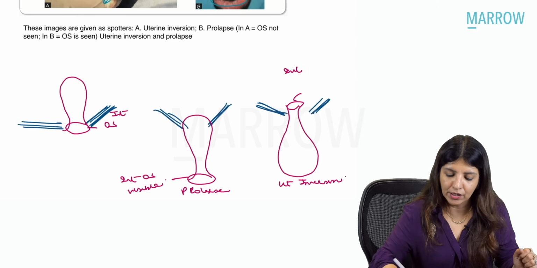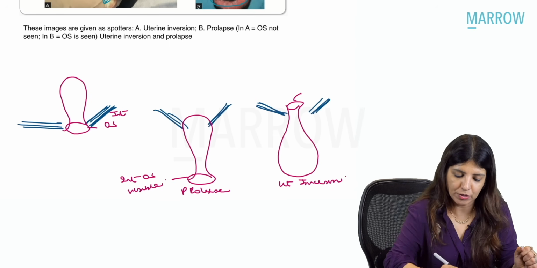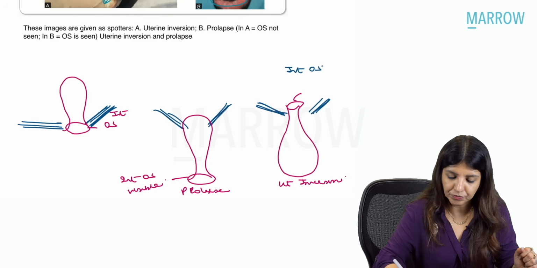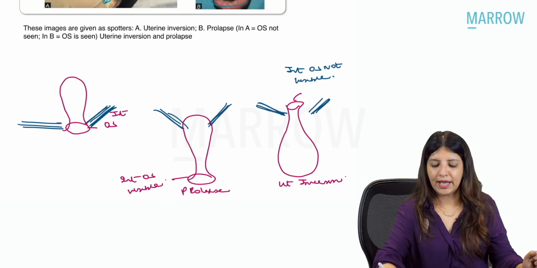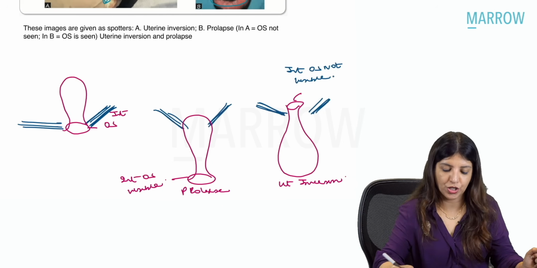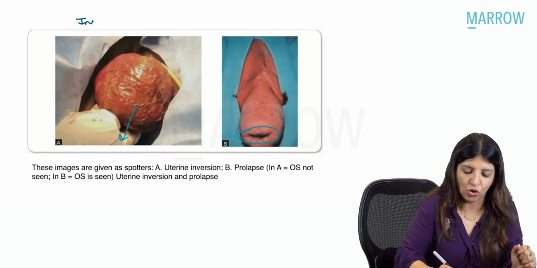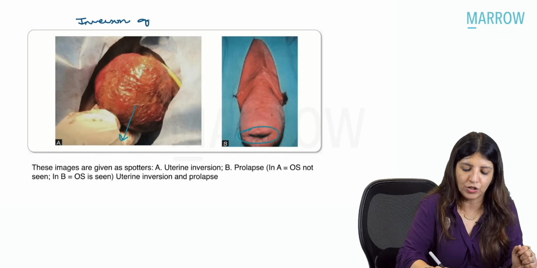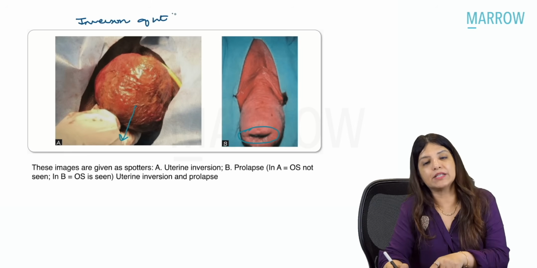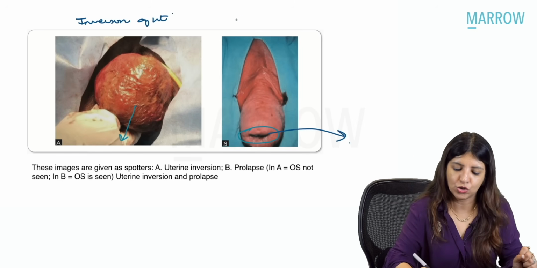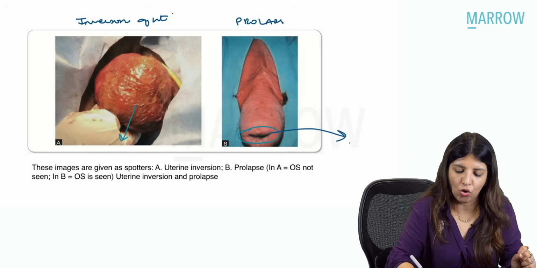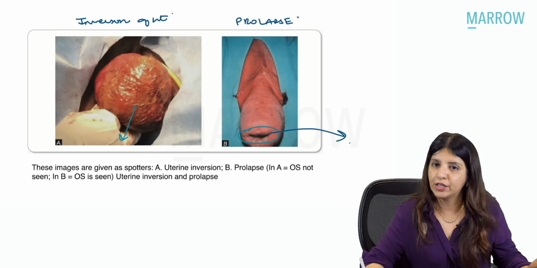If internal os is not visible, that means you are looking at the image of uterine inversion. So image A, internal os is not visible. It is a case of inversion of the uterus. Image B, internal os is visible, and that is why it is an image of prolapse. Clear to all of you?